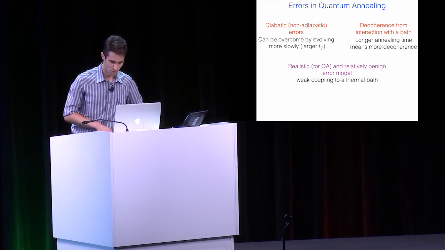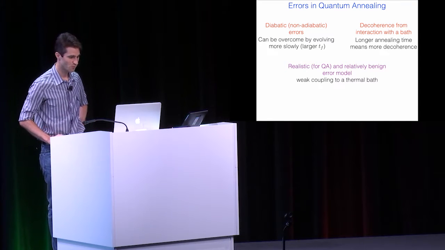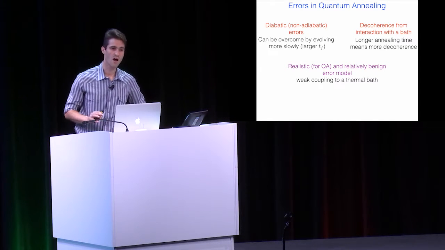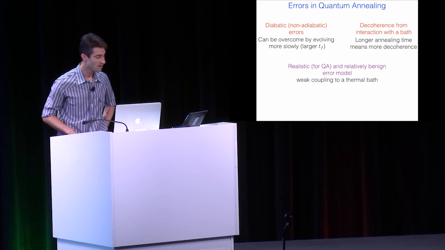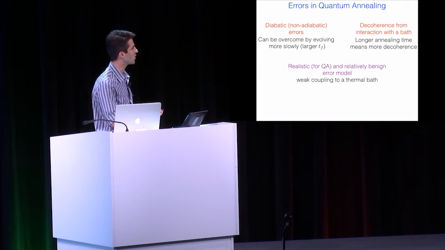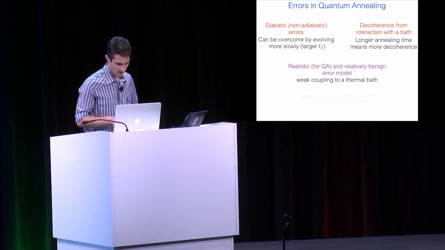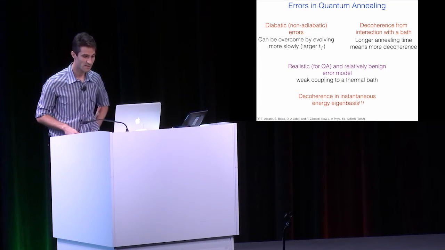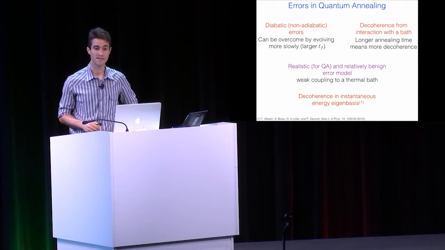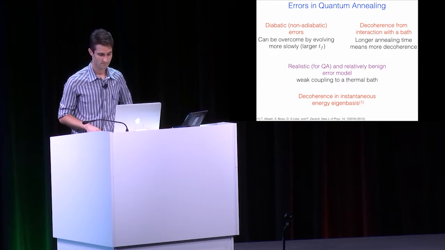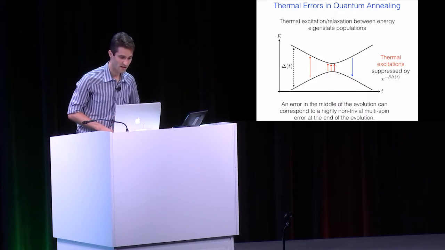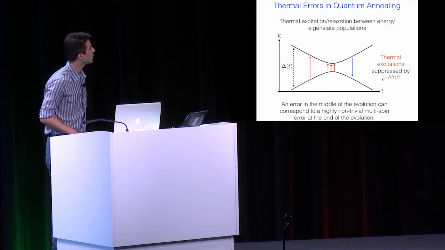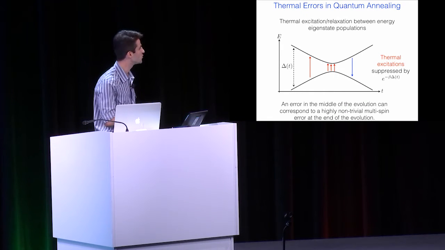For today's talk, I'm going to restrict myself to what I think is the most benign error model for quantum annealing, and that's weak coupling to a thermal bath. What does weak coupling to a thermal bath mean? It means that the decoherence is happening in the instantaneous energy eigenbasis. For simplicity, I'm just going to consider two energy levels.